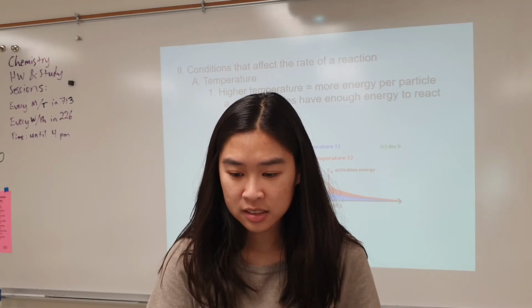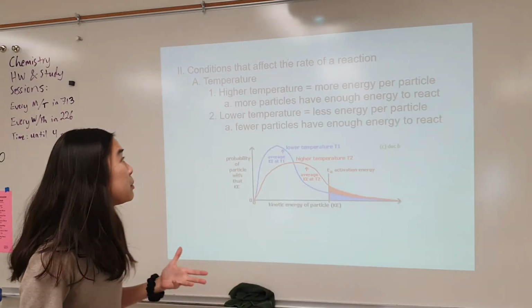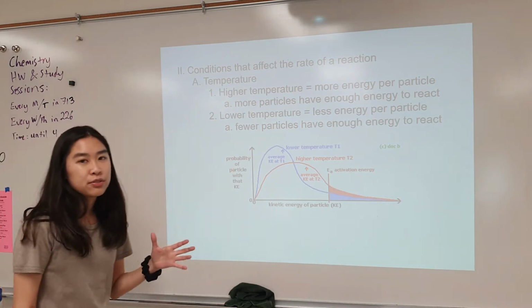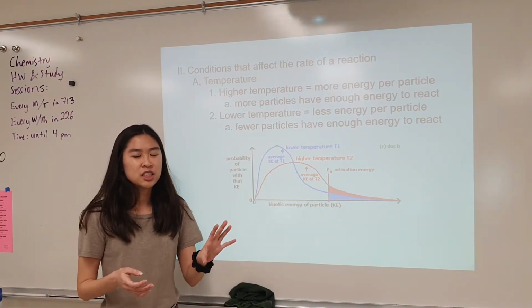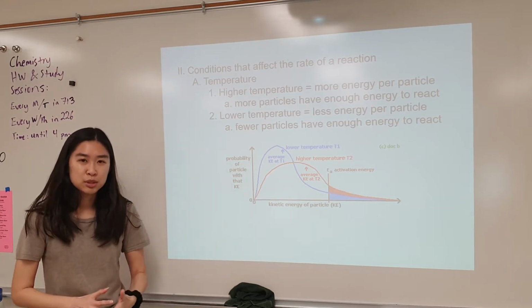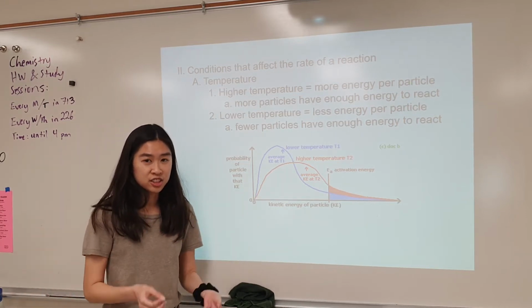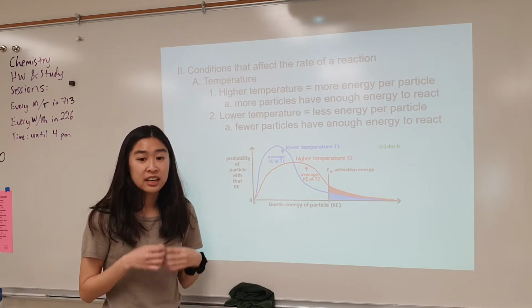So things that can affect the rate of a reaction, one of them is temperature. If you guys remember from the first semester or earlier this year, the definition of temperature is the average kinetic energy of all of the particles in a substance.